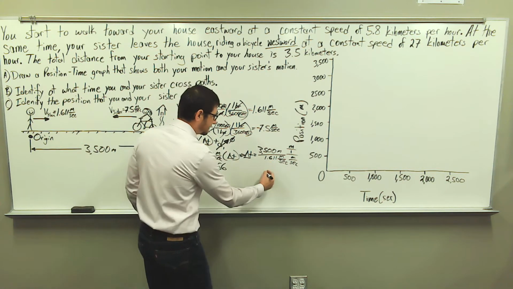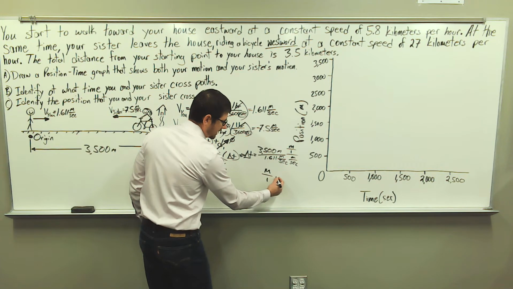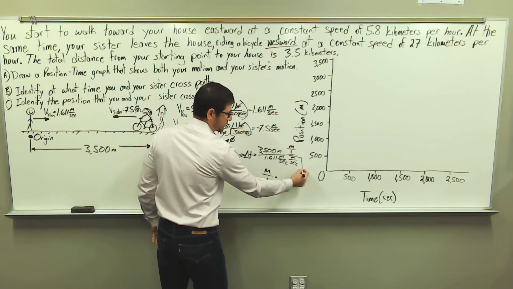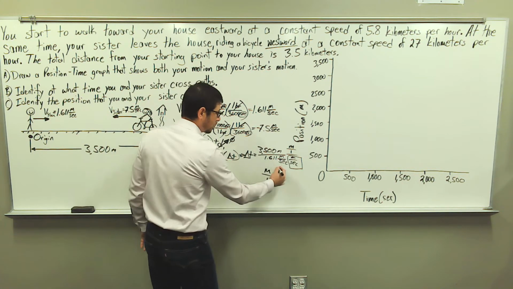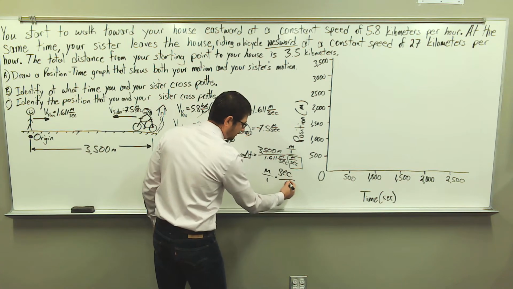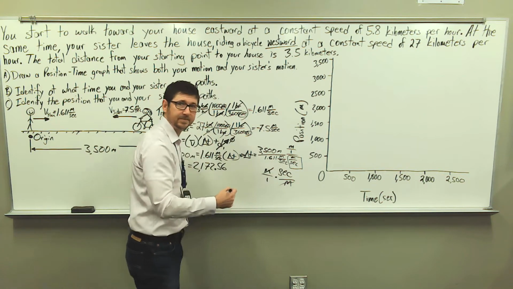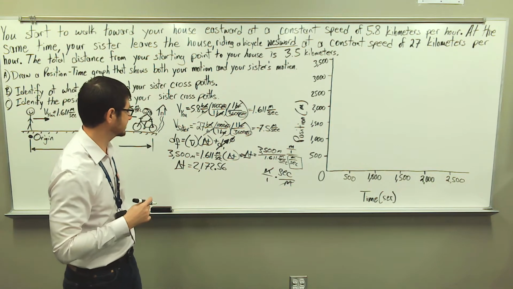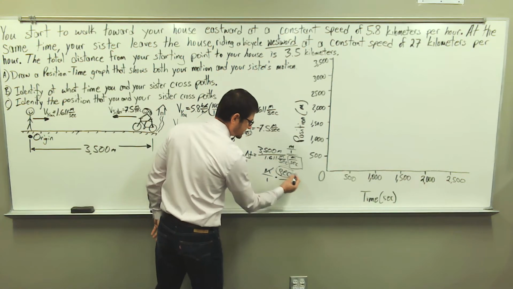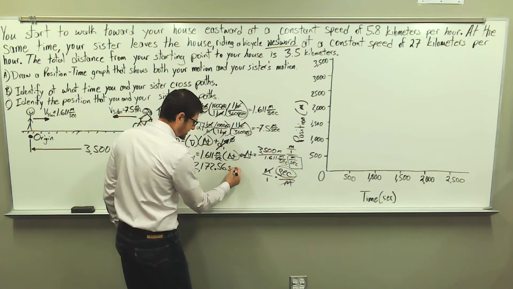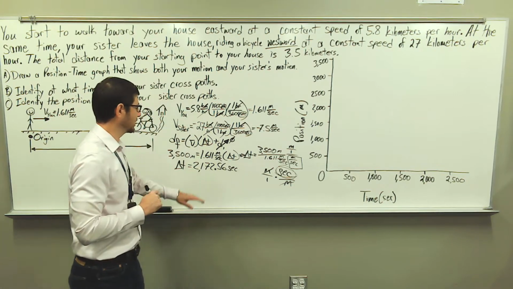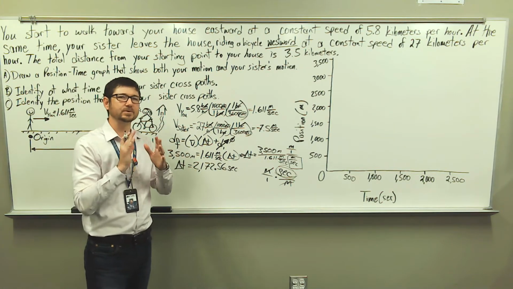So what I have is meters over 1 times the reciprocal of our denominator, which is seconds over meters. And as you can see, units of meters will go ahead and cancel out, leaving us with units of seconds.